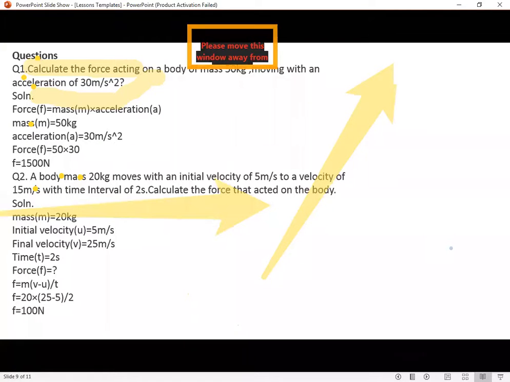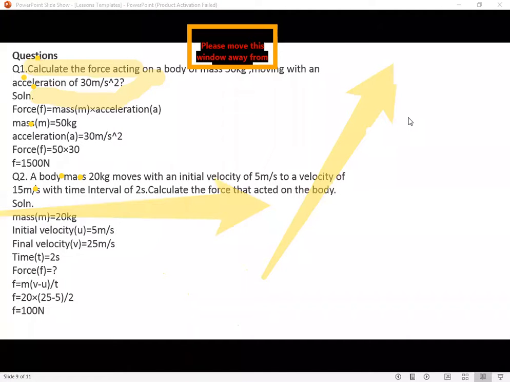I've given you the formula. The force F is equal to the mass M times acceleration A. The mass over there is 50, acceleration is 30.